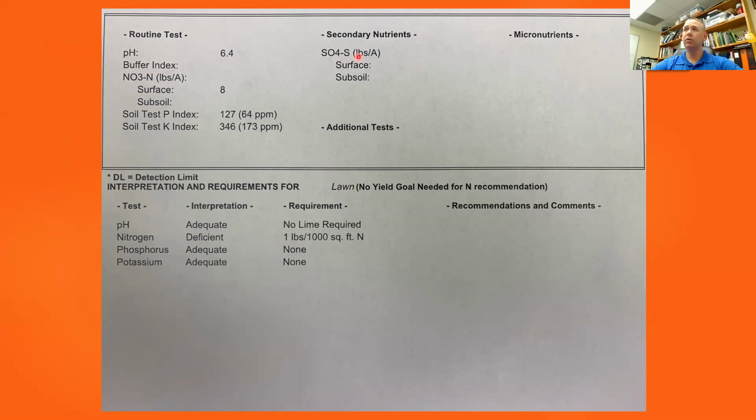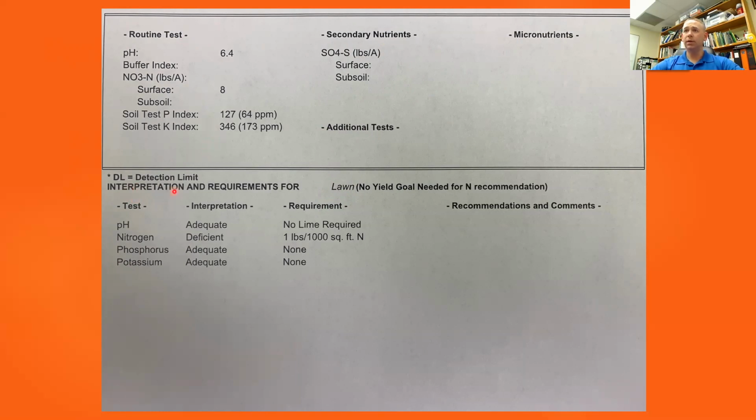No secondary nutrients were requested, no additional tests were requested, and the micronutrients were not requested. You can request these if you have a special circumstance. It just costs extra. Right now, the routine test runs $10 to $15 per sample.